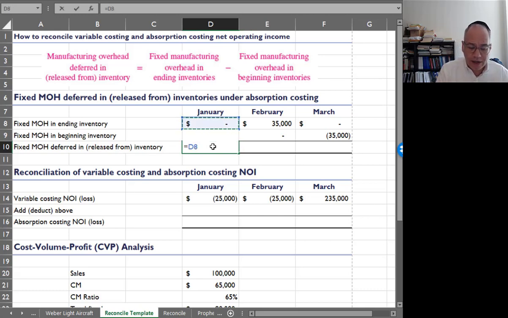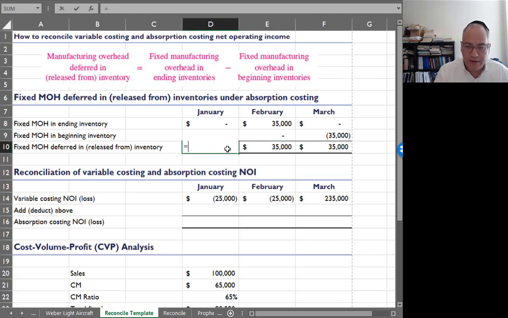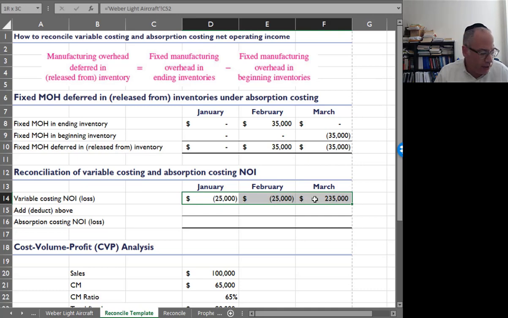So if I go ending inventory minus the fixed manufacturing overhead in beginning inventory, then I would have a $35,000 difference in January and February, and then it would reverse itself in March, like so. So my variable cost net operating income is shown here.